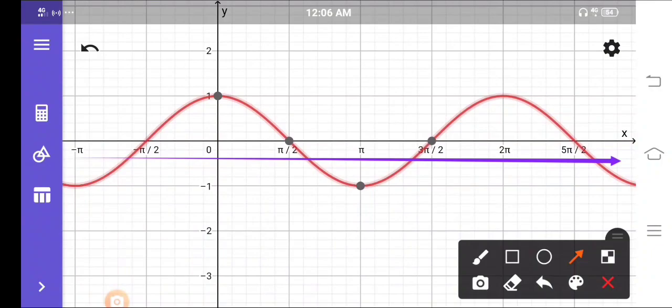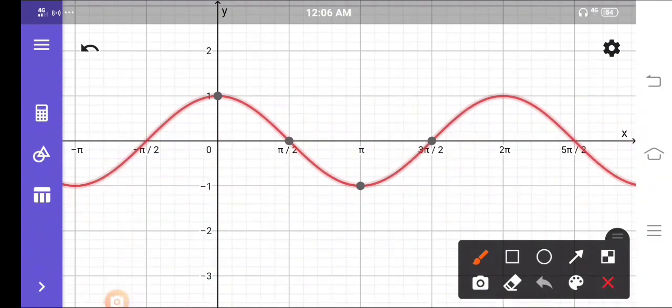The range is from negative 1 to positive 1. The maximum value is 1, the minimum value is negative 1.